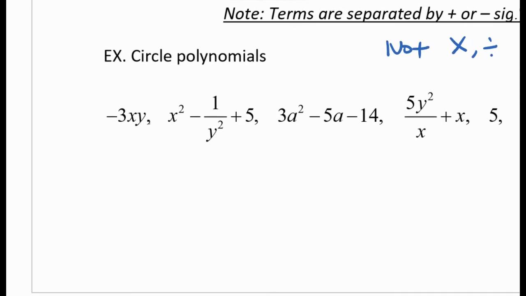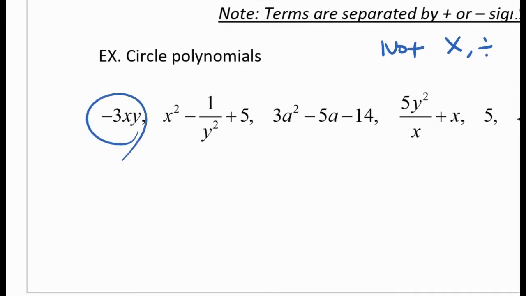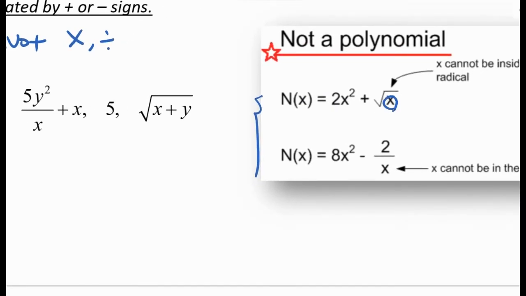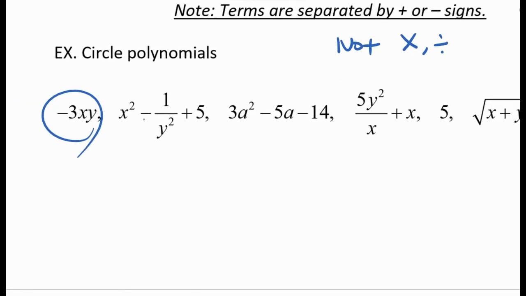And everyone, is this a polynomial? Yes, it is. So x means variable, okay? So variable cannot be in the bottom or inside the radical. So y squared minus 1 over y squared, x squared minus 1 over y squared plus 5. Is this a polynomial? It's not, because y is in the bottom.